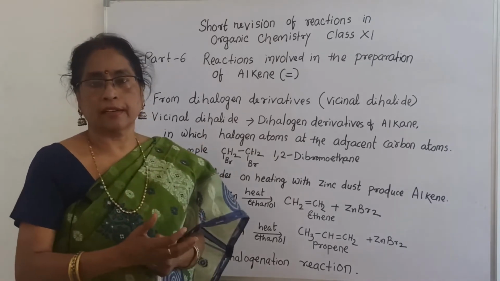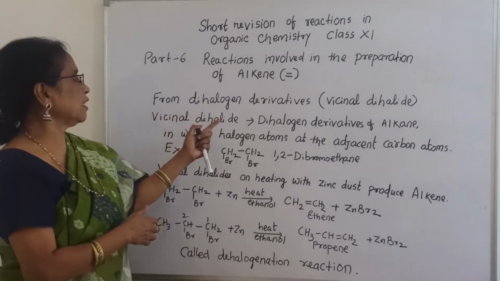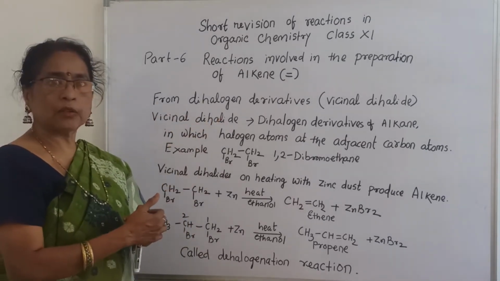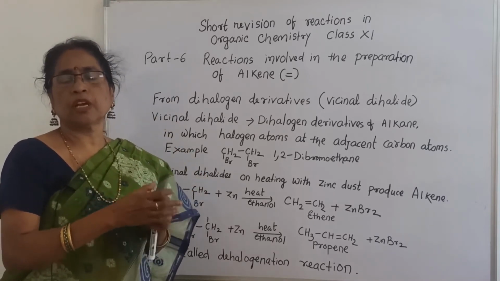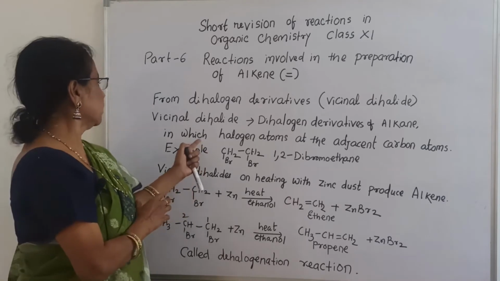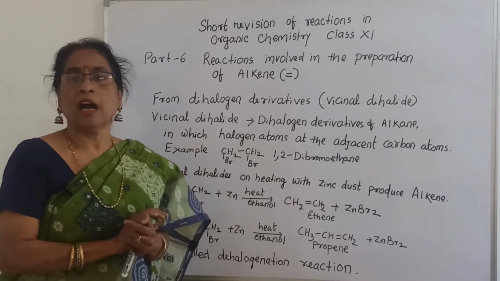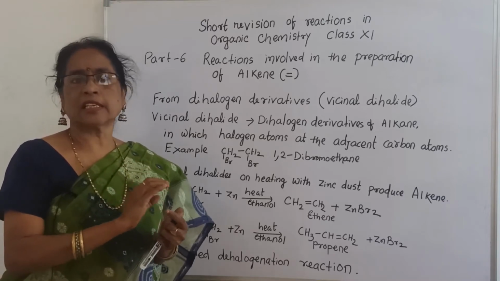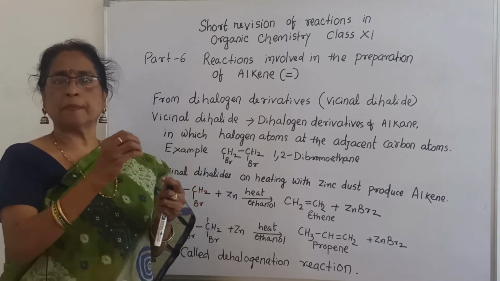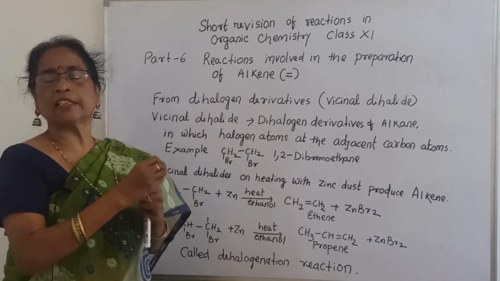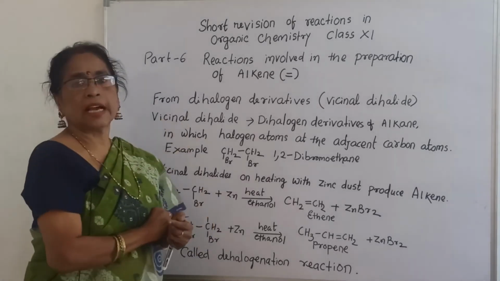How can you get alkene? Again, observe the dihalogen derivative. How can you take a dihalogen derivative? It is an alkane where positions 1 and 2 are replaced by halogen atoms on adjacent carbon atoms. If halogens are there instead of hydrogen in alkane on adjacent carbons, that is called vicinal dihalide.